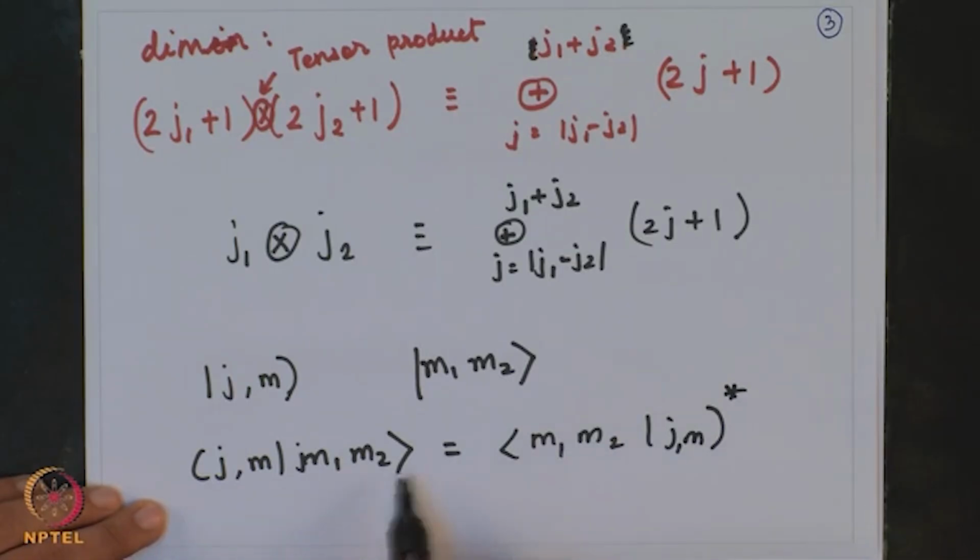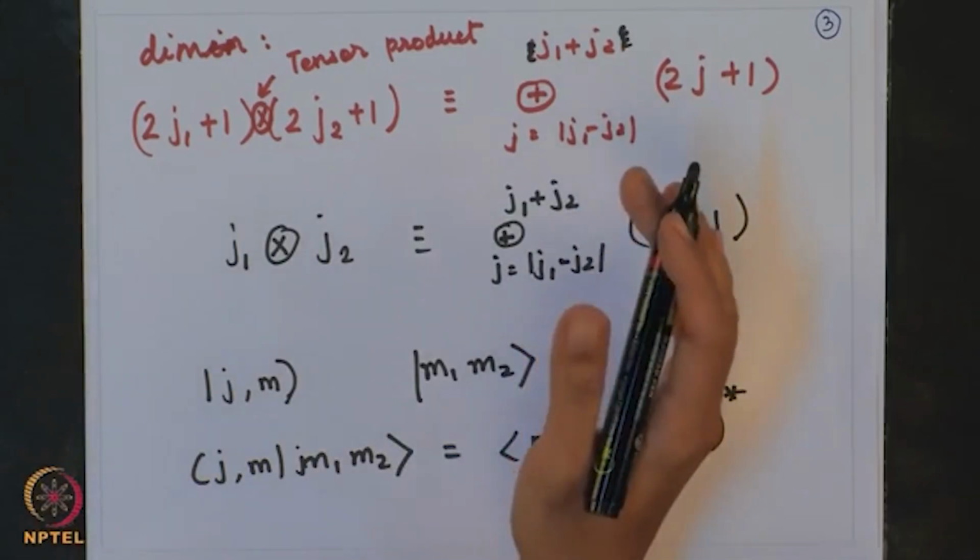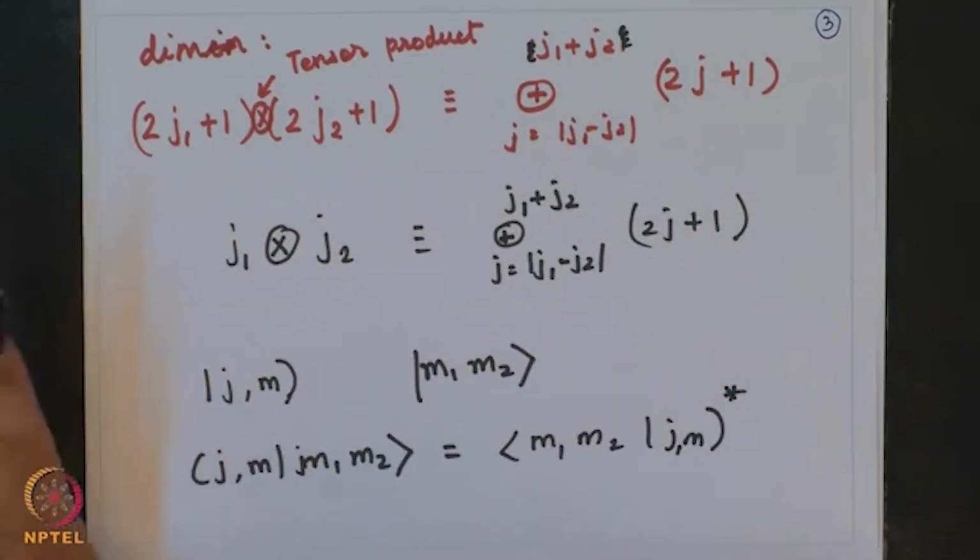So, they are equal, the complex conjugate as well as the number you obtain is the same. You will see how this table is prepared and how one can write it beautifully in the block diagonal form. So, let us go to the table part.